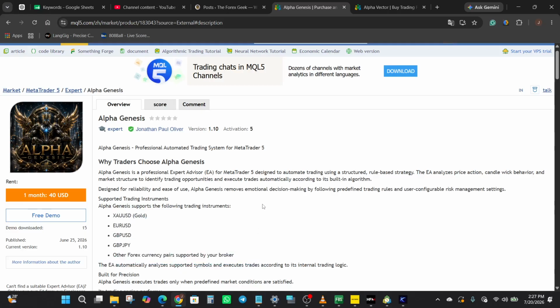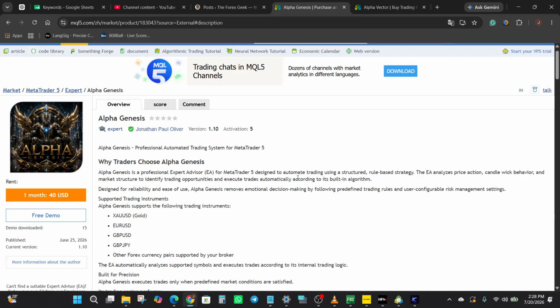All right, so let us start by looking at what the developer highlights on the MQL5 marketplace page before discussing the trading approach. First of all, this EA is just available for rent, going for 40 US dollars per month.